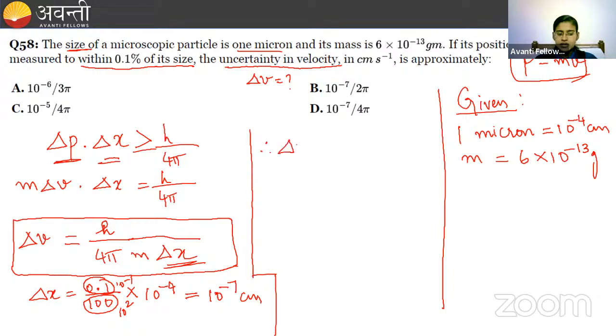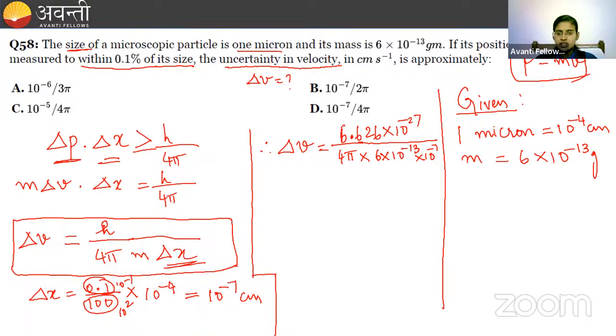Therefore, delta V is equal to h by 4 pi. h value is 6.626 into 10 to the power minus 27, divided by 4 pi into mass value 6 into 10 to the power minus 13, and the delta X value is 10 to the power minus 7. Got it? So this is in terms of centimeter per second.